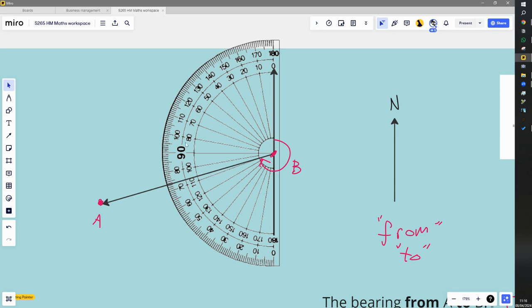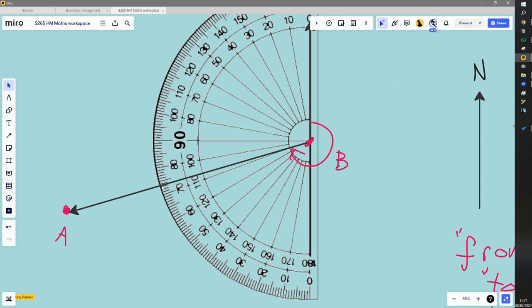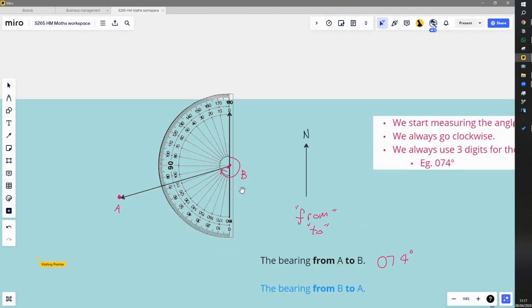So we go all the way to here, we've got 100 here, it's between 100 and 110, it's past 105, so there's 106, it looks like it's halfway between 106 and 107. So I would say it's 106.5.